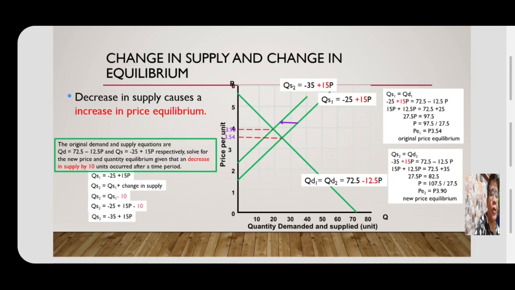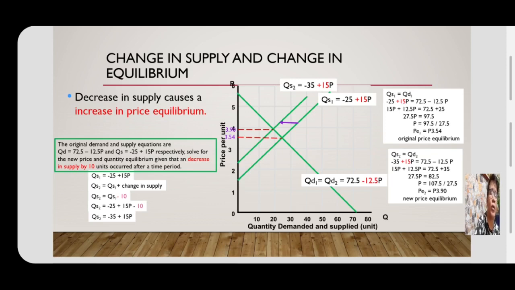Now, what about the new price equilibrium? The new price equilibrium can be solved by equating the new supply equation to the new demand equation. The new supply equation is negative 35 plus 15P, and the new demand equation is 72.5 minus 12.5P. Note that the original and the new demand equations are the same because there is no change in demand.